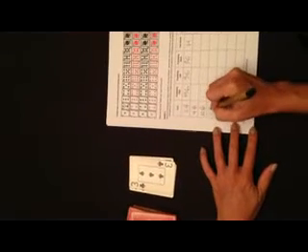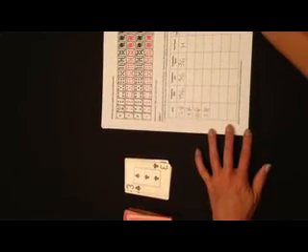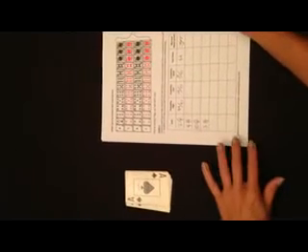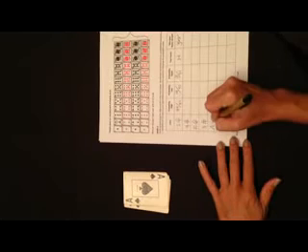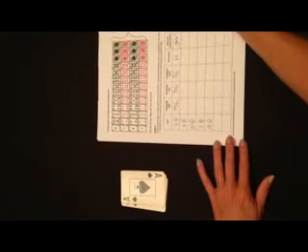The next card is the 3 of clubs. Take a moment to fill in your probabilities. The next card is the Ace of Spades.